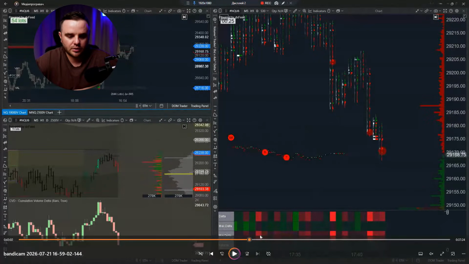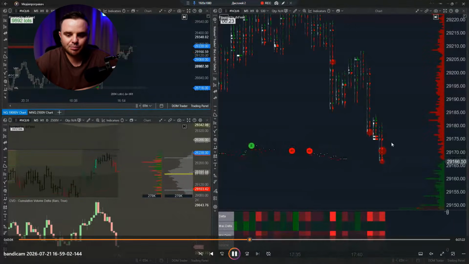And boom, have a look how beautiful. A lot of sell orders, and price barely moves, because in most cases when it's a really aggressive move, you will face bigger reward for such delta.